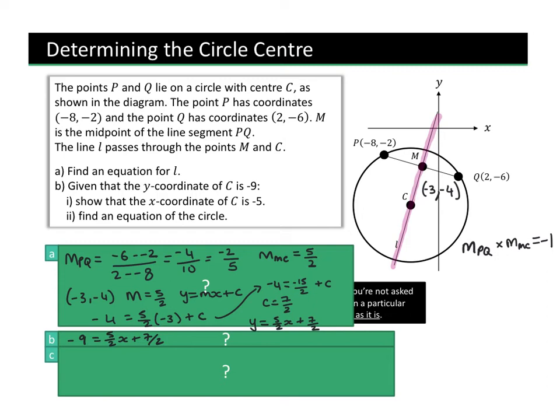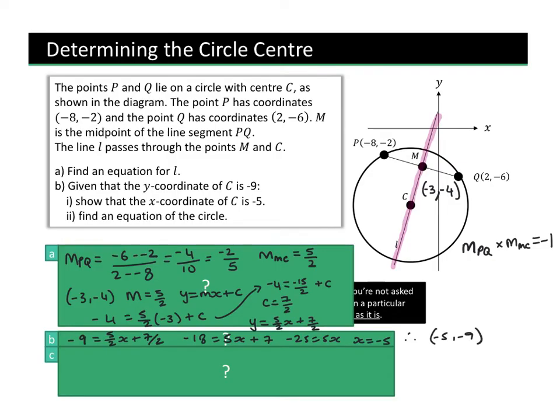I'm going to multiply everything by 2. So minus 18 equals 5x plus 7. Take away 7 from both sides. Minus 25 equals 5x, and divide by 5. x equals negative 5. Okay, therefore we know minus 5, minus 9 is the centre.